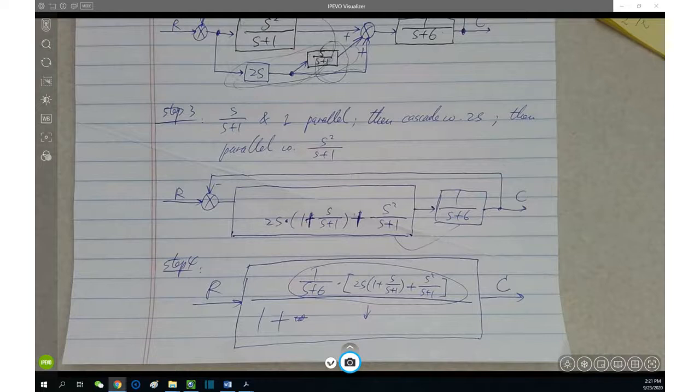Does it make sense? Any questions? This is the answer. They're organized. Right? Well, good. Thank you, Noah.